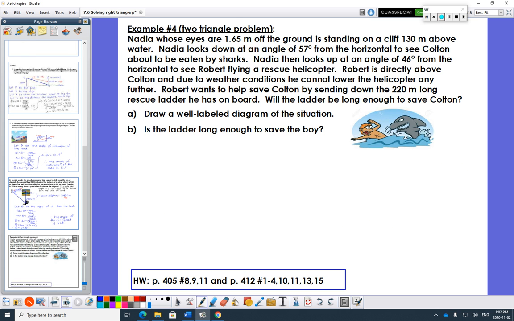Okay? And then you can do problems that actually have two triangles. So a common situation is something like this, where you have a rescuer, somebody above in an airplane or helicopter, and then there's something below. So you get sort of two triangles this way.